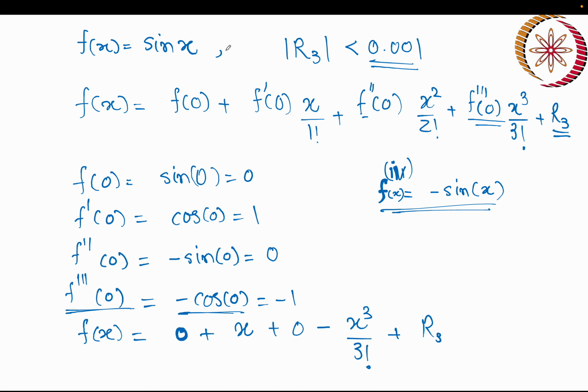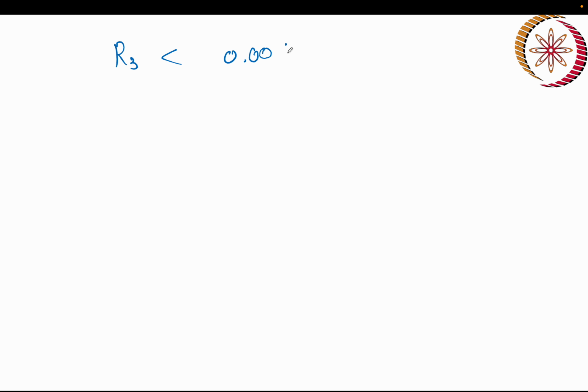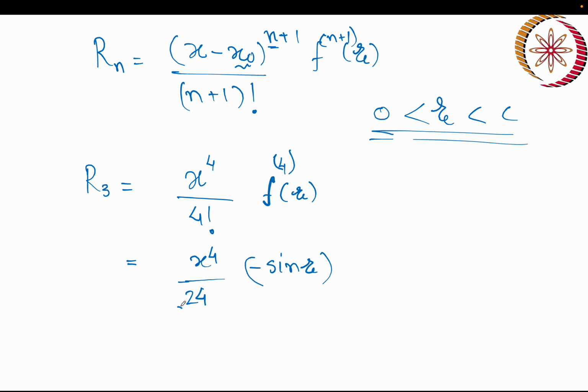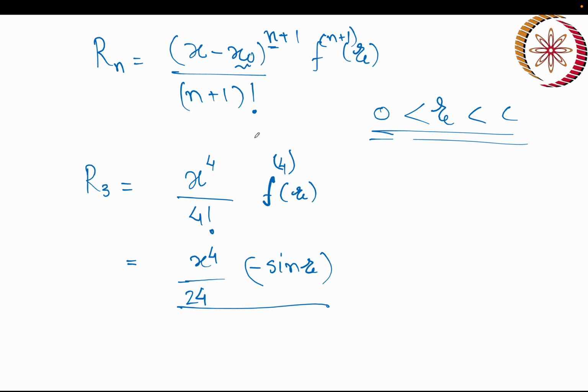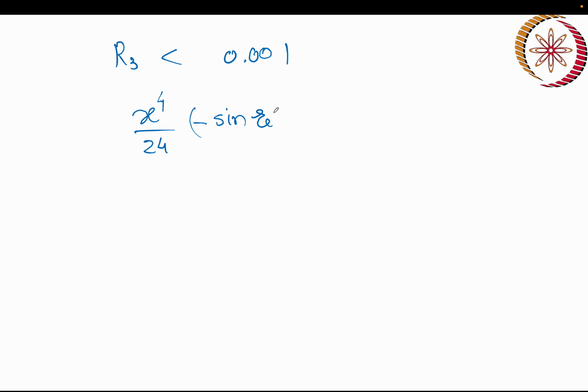So what we want is R3 to be less than 0.001. We'll put this constraint on x^4 by 24 times minus sin xi. This whole term should be less than 0.001, and for all x we want to constrain this.